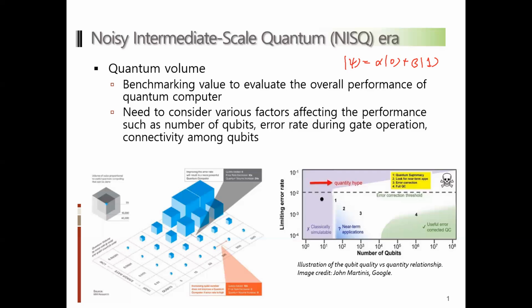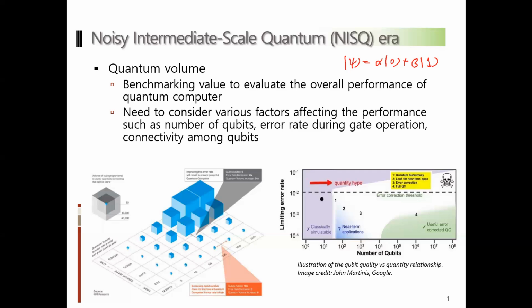But if I give you two options, like a 64-bit processor whose clock speed is only on the order of 100 megahertz, while another CPU is only 8-bit but its clock speed is 1 gigahertz or a few gigahertz, which will be your choice? Well, that's not easy to determine.